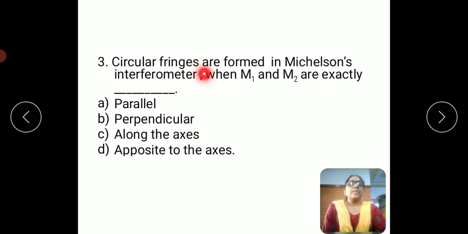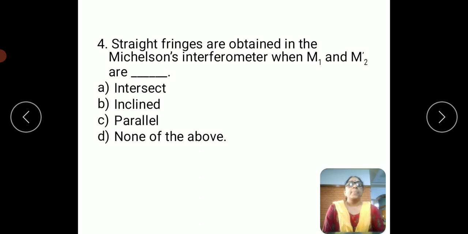Then, the circular fringes are formed in the Michelson's interferometer when M1 and M2 are exactly perpendicular. The options were parallel, perpendicular, along the axis and opposite to the axis, but the answer is B, perpendicular.